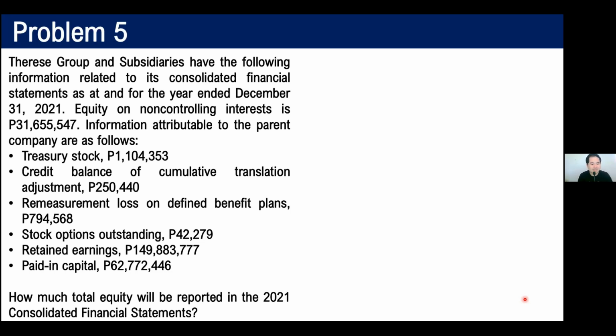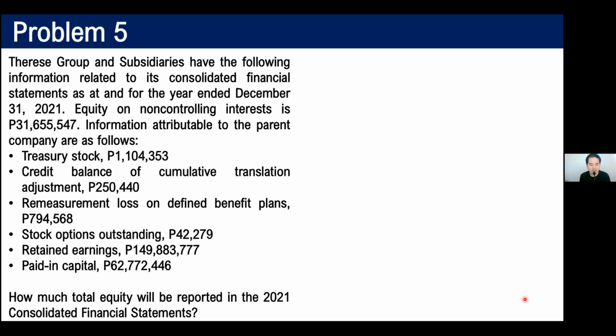Consolidated financial statements as of the year ended December 31, 2021. Equity on non-controlling interest, binigay naman na agad, 31,655,547. Information attributable to the parent company are as follows. Treasury stock, credit balance of cumulative translation adjustment, remeasurement loss on defined benefit plan, stock options outstanding, retained earnings, and paid-in capital.